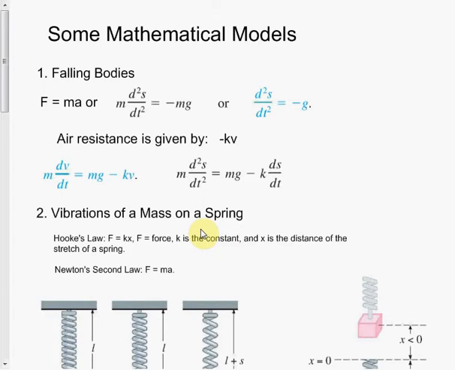Either way is still said to be tantamount. Or you can talk about that second derivative as being the derivative of the velocity, so you can talk about the mass times dv over dt, which gives us the same thing.